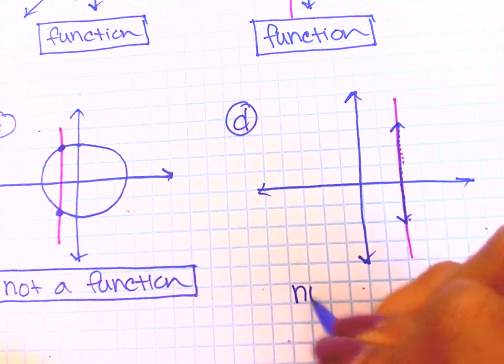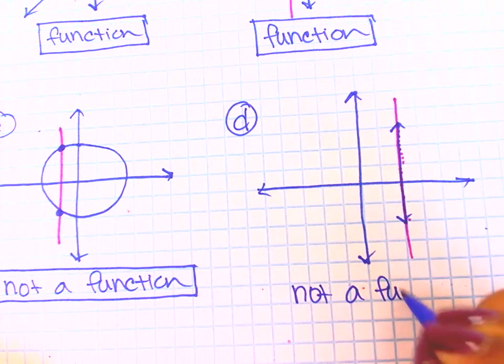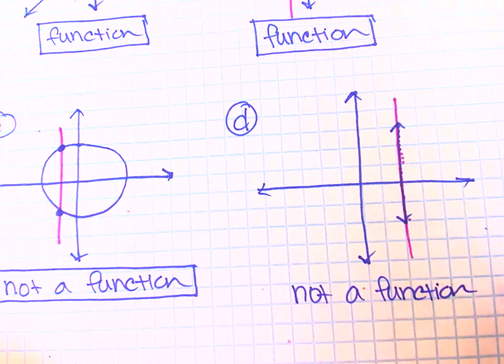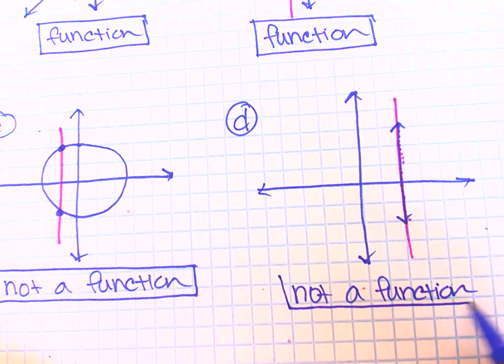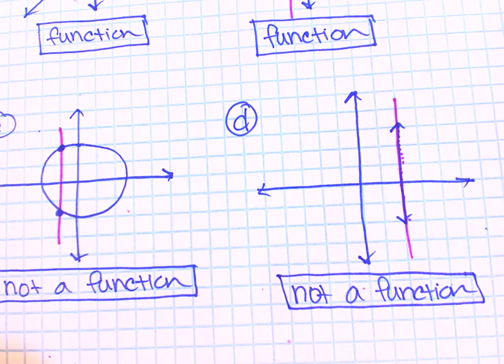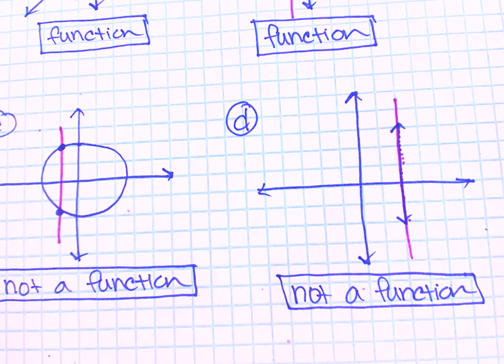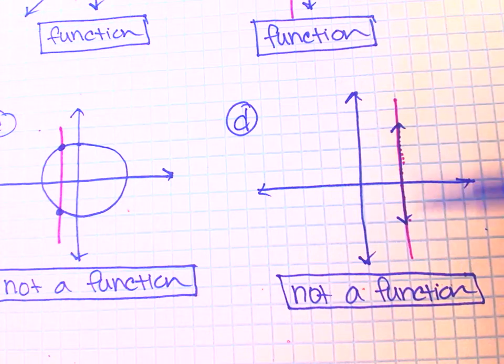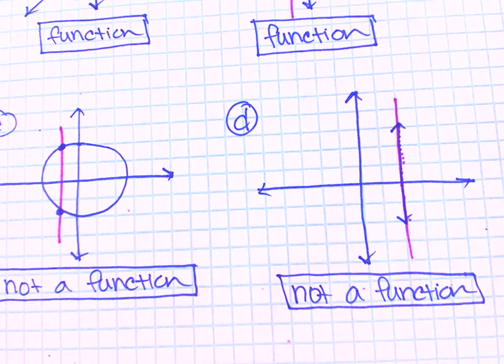No. A vertical line is not a function. A horizontal line would be, but not a vertical line, because that includes all the points in that line. When you do your homework, you're going to have to use the vertical line test for some of them. Okay?